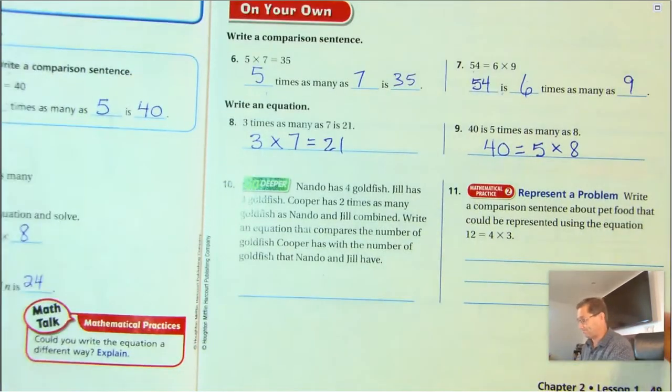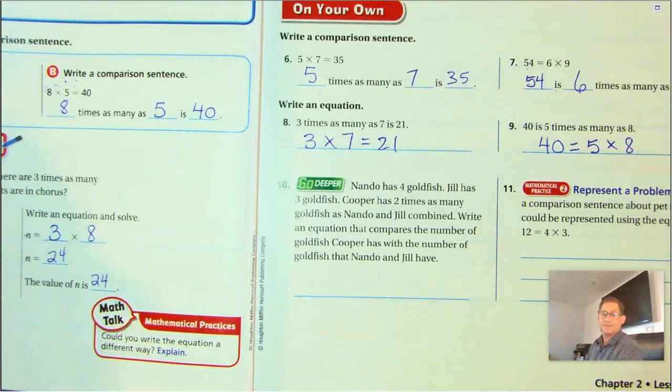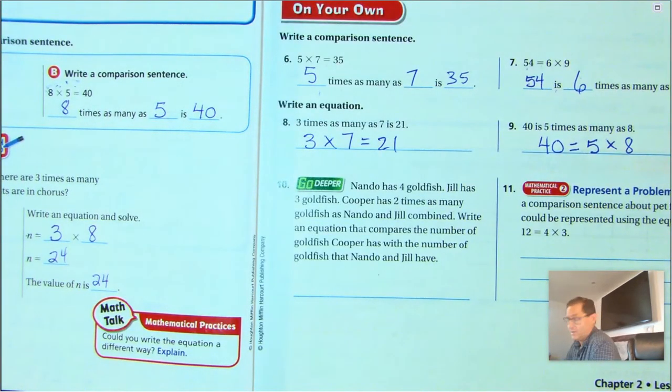Number 10, Nando has 4 goldfish, Jill has 3 goldfish, Cooper has 2 times as many goldfish as Nando and Jill combined. Write an equation that compares the number of goldfish Cooper has with the number of goldfish that Nando and Jill have.